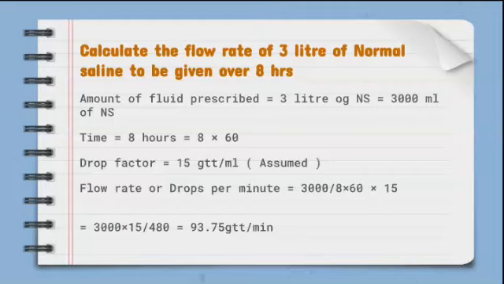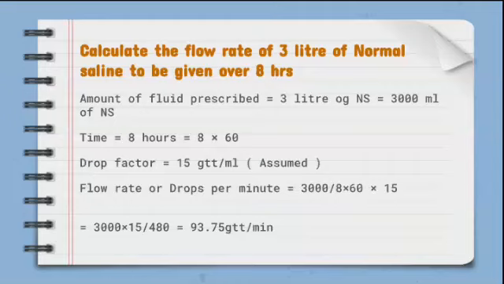Calculate the flow rate of 3 liter of normal saline to be given over 8 hours. So the amount of fluid prescribed here is 3 liter. Whatever the IV fluid is, don't worry, because 3 liter is 3000 ml. You have to convert it into ml. The time given is 8 hours, so 8 into 60.